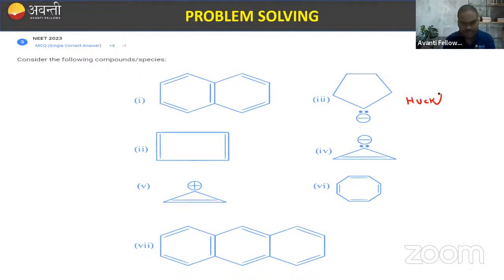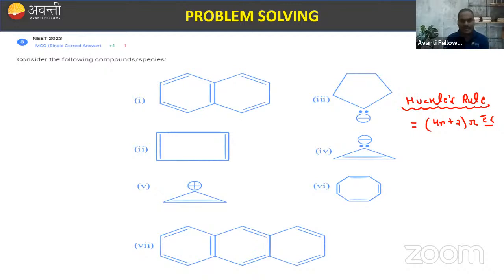So according to Huckel's rule, the formula is nothing but 4n plus 2 pi electrons. If a species follows this rule, that is 4n plus 2 pi electrons, then it is said to be aromatic.